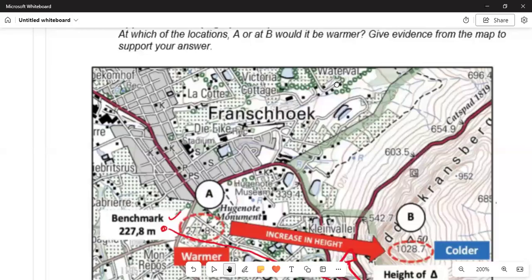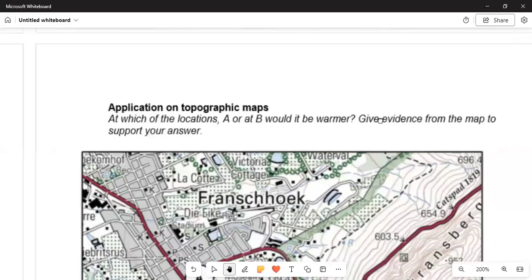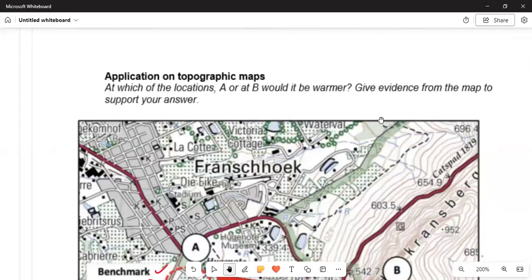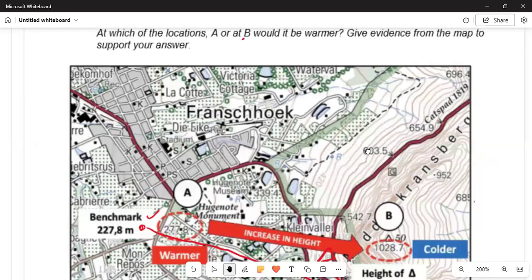We have to see that here we can be asked a question. This is an application on the topographic map. Remember that we've got 2 types of maps. So we are saying that at which of the locations, A or B on the map, is warmer, and support your answer. All right. So this is the map.